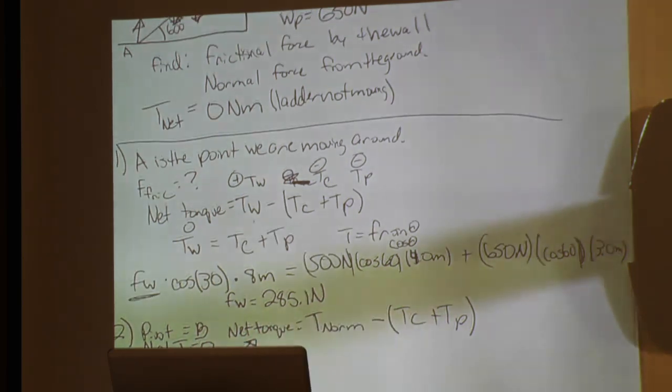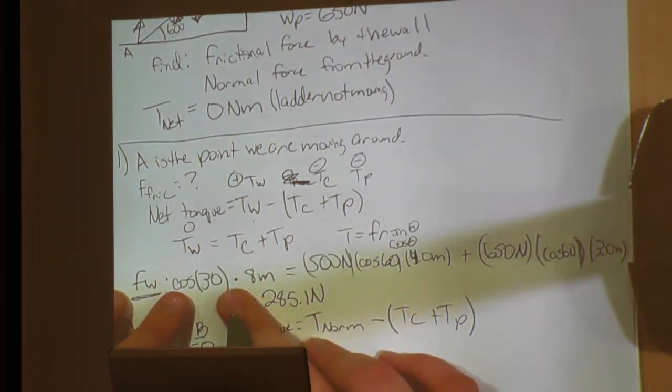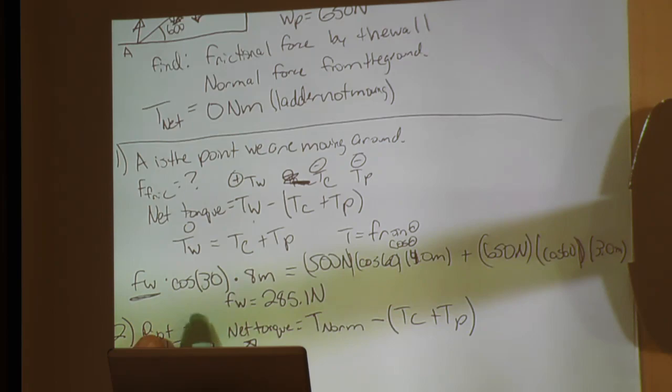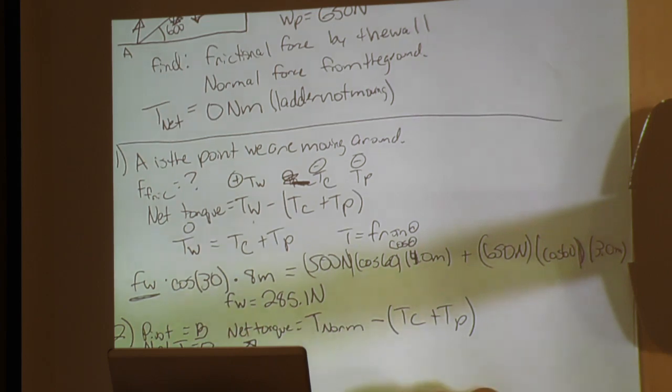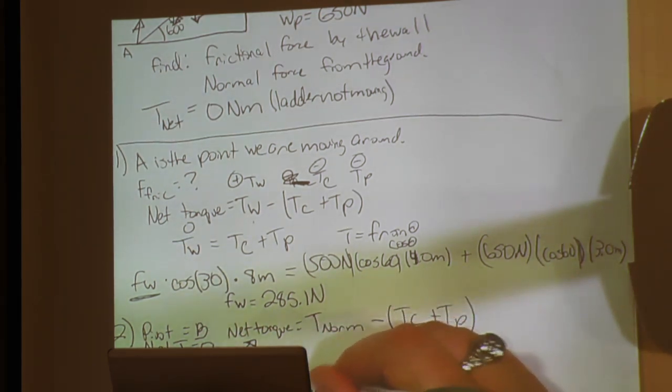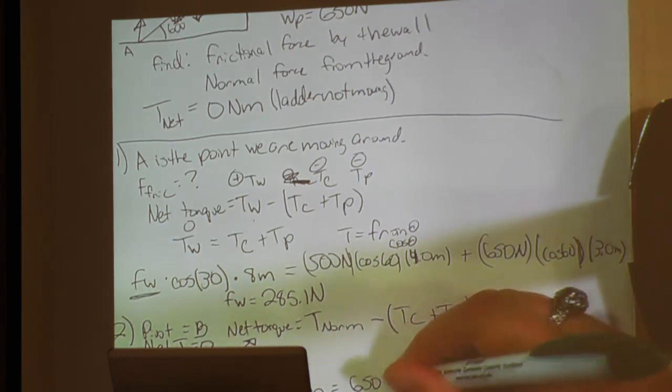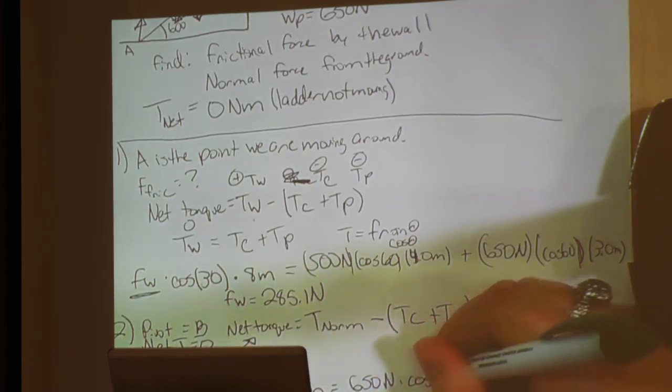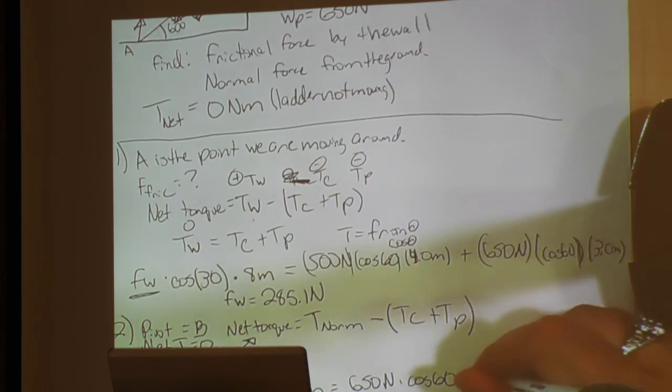The only one that differed was the cosine on the wall, because it was up on the wall, so that was 30 degrees instead of 60. So cosine 60 times 8.0 meters is equal to 650 newtons times cosine 60 times 5.